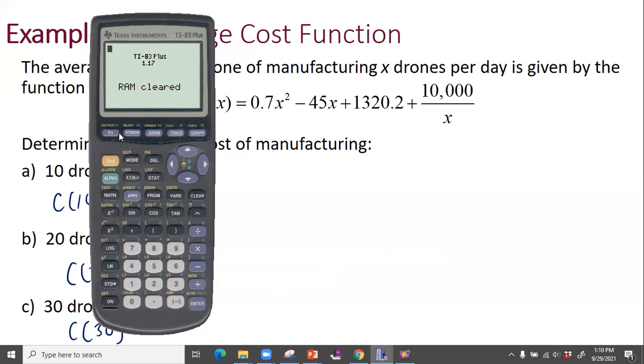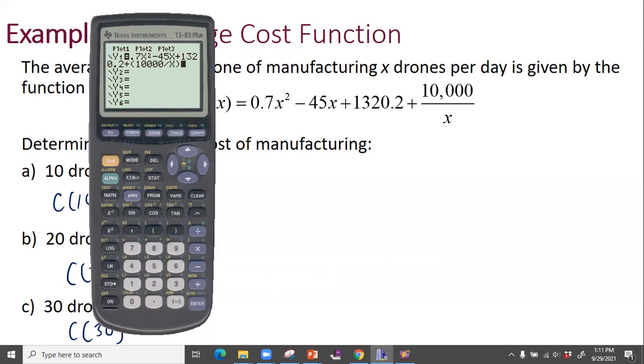So in this case, I would utilize my y equals and put the equation 0.7x squared minus 45x plus 1,320 and 2/10 plus, I'm gonna have my fraction 1,000 divided by, thank you, 10,000 divided by x.